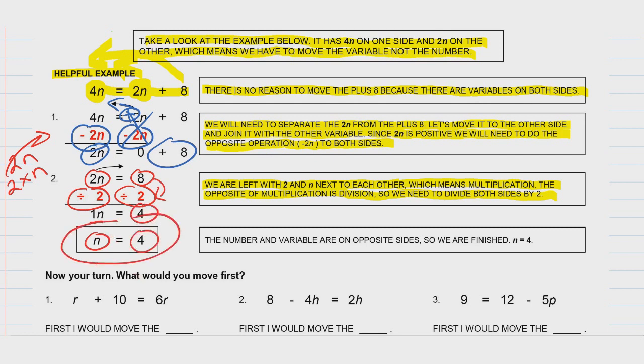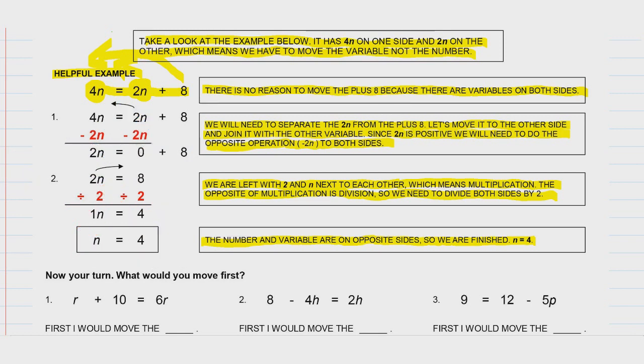And as you can see, the variable's on one side over here, and the numbers on the other. So we are finished. And it says right here, the number and variable are on opposite sides, so we are finished. N equals 4. There's a pretty good example. If you do get confused, all you have to do is look up here at the example and use it to help solve the problems.